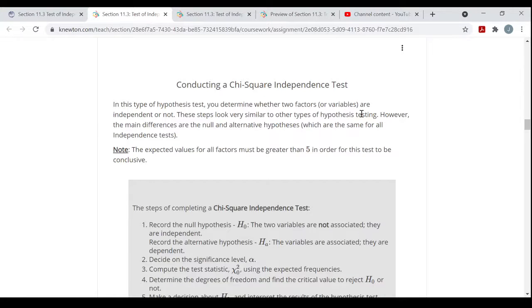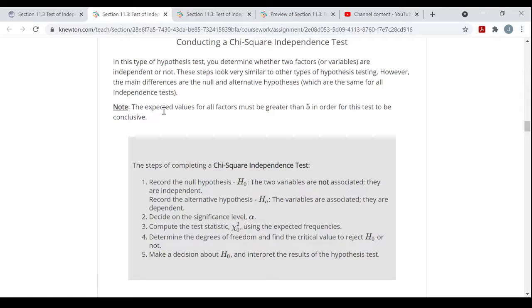You set up your hypotheses, determine your significance level, compute the test statistic, then find the critical value and set up a rejection region and all that. So very similar. However, the main differences are the null and alternative hypotheses, which are the same for all independence tests. Any of these tests for independence, the null hypothesis and alternative hypothesis will be the same statement every time.